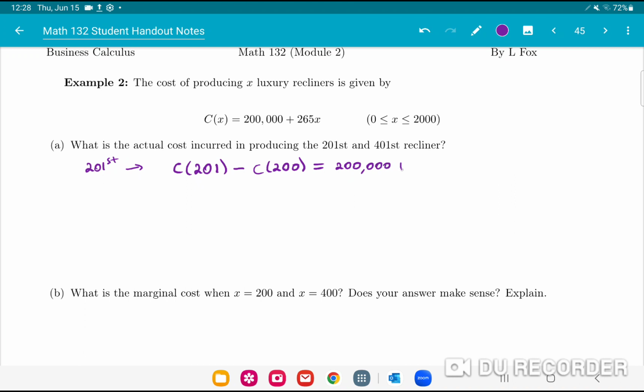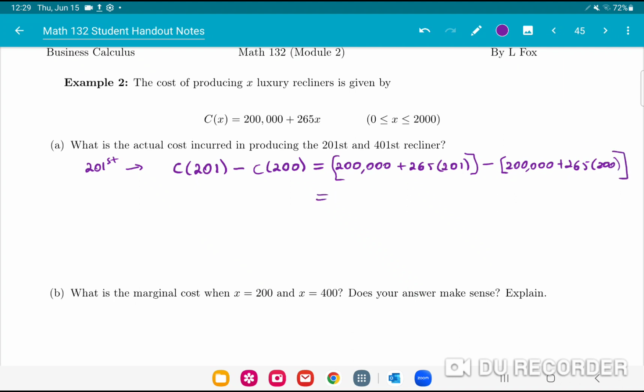So that will give us 200,000 plus 265 times 201. That's the cost for 201 all in all recliners, minus 200,000 plus 265 times 200. I don't know how much this is. We can just put it in the calculator and figure out.